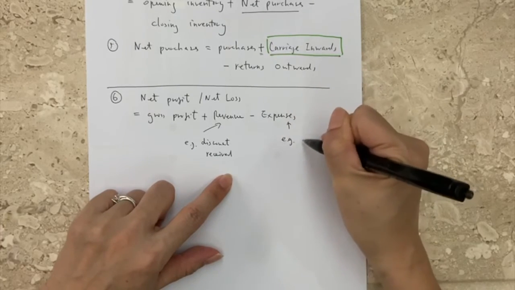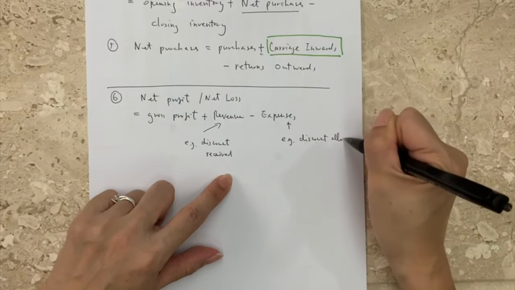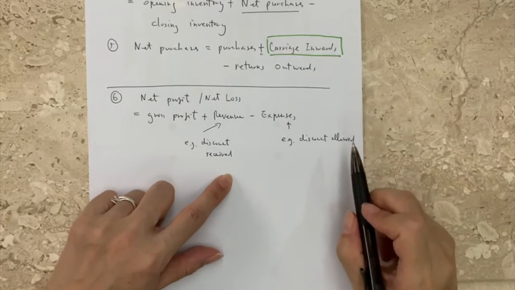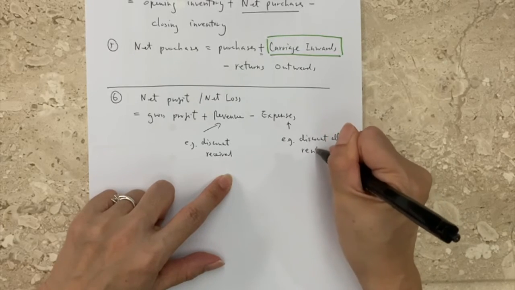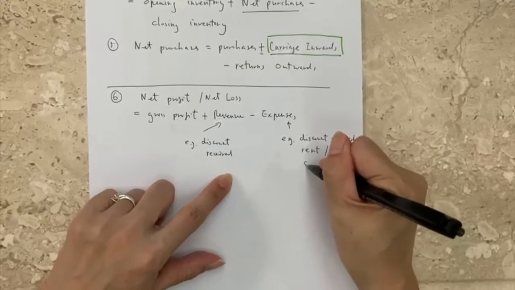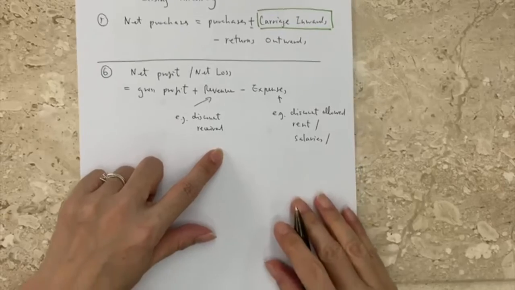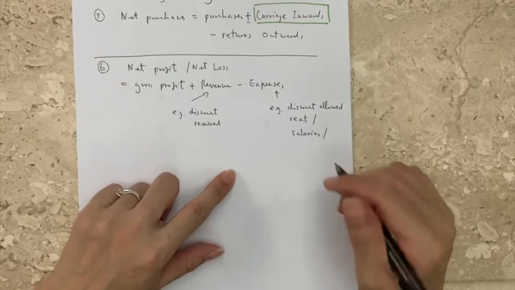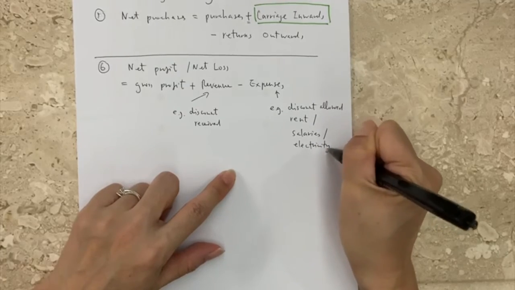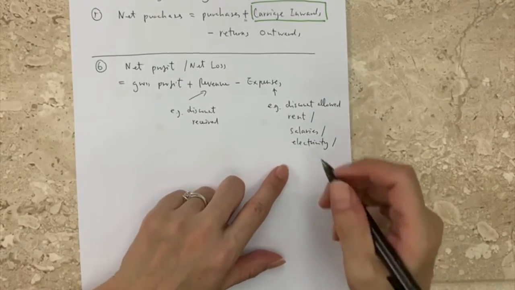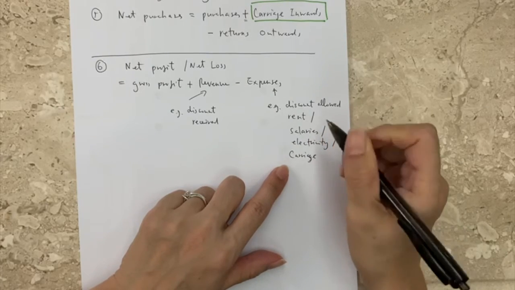We can have discount allowed to debtors, to customers, if customers pay us earlier, and of course we need to pay rent for expenses, we pay salary and wages to our employees, right? And also we may need to pay electricity, for example. And also we have this carriage outwards.